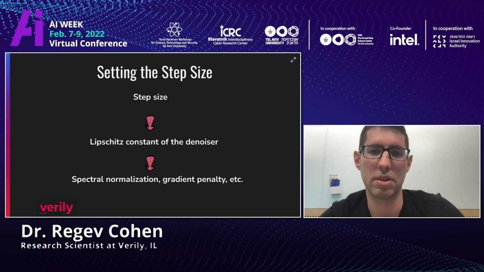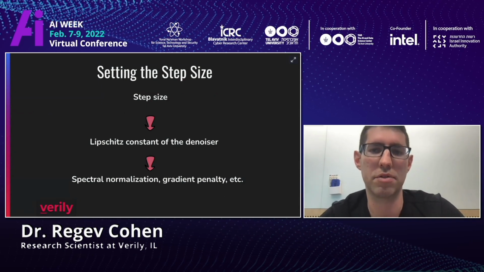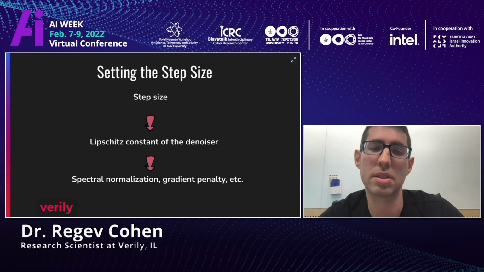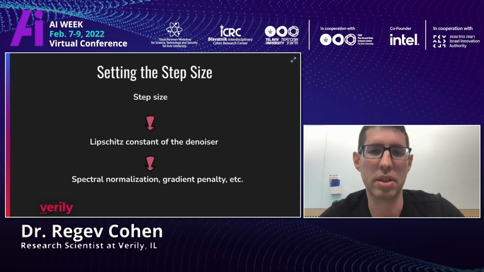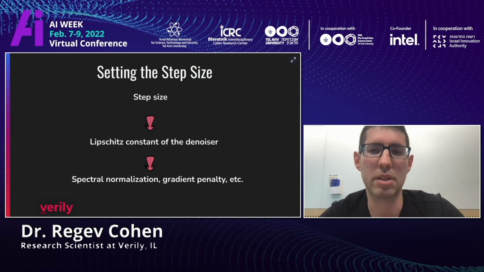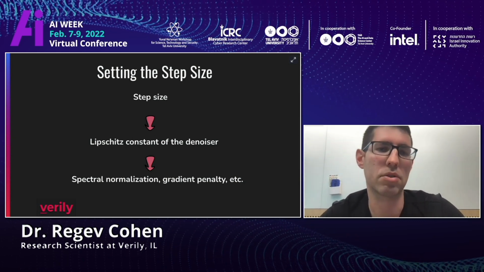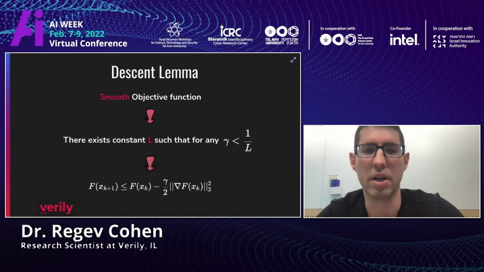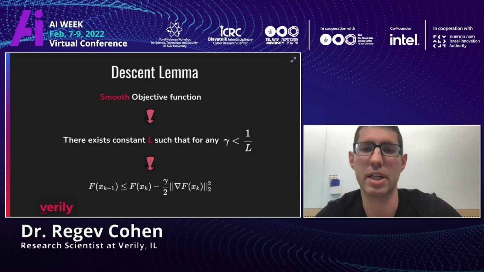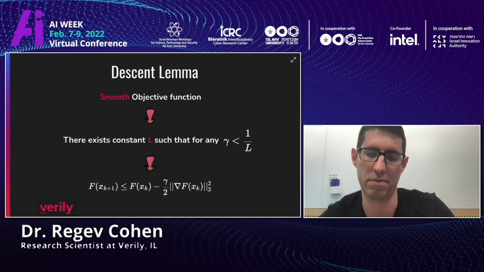It can be shown that the step size directly relates to the Lipschitz constant of the denoiser, which is typically unknown. Previous works aimed to control this constant by applying methods such as spectral normalization, RED and PnP, and more. We, however, enjoy the benefit of having an explicit and smooth objective.